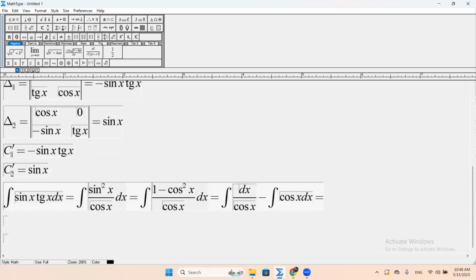So the integral of secant, let me check. I do not always remember this formula.